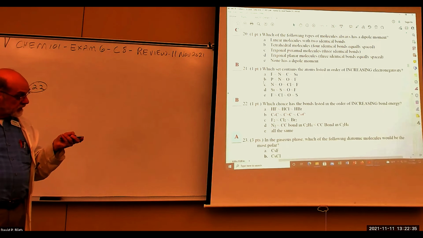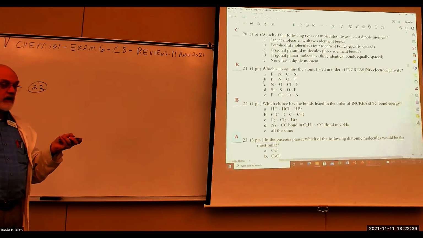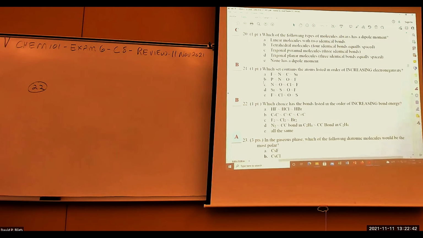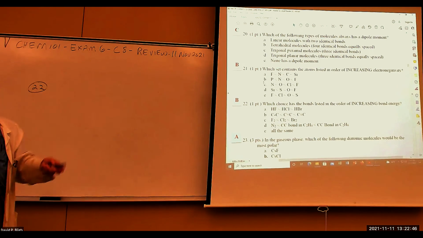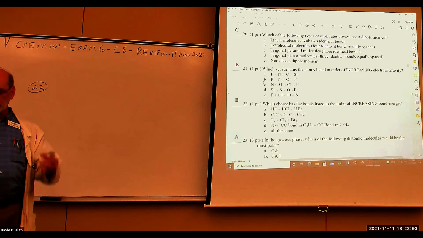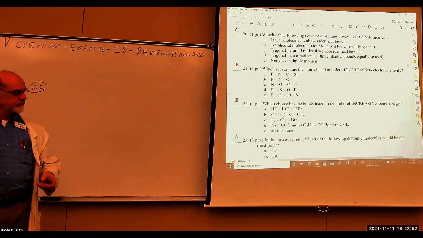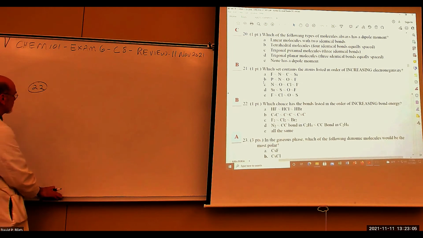But this one, where you have a single carbon-carbon, double carbon-carbon, triple carbon-carbon, as you add bonds, all else being equal, you get stronger bonds. And the atoms are closer together. It's not a linear increase. This one's not twice as strong as that one, but it's a substantial increase. And so is this one. Okay. So that's 22. It's B.